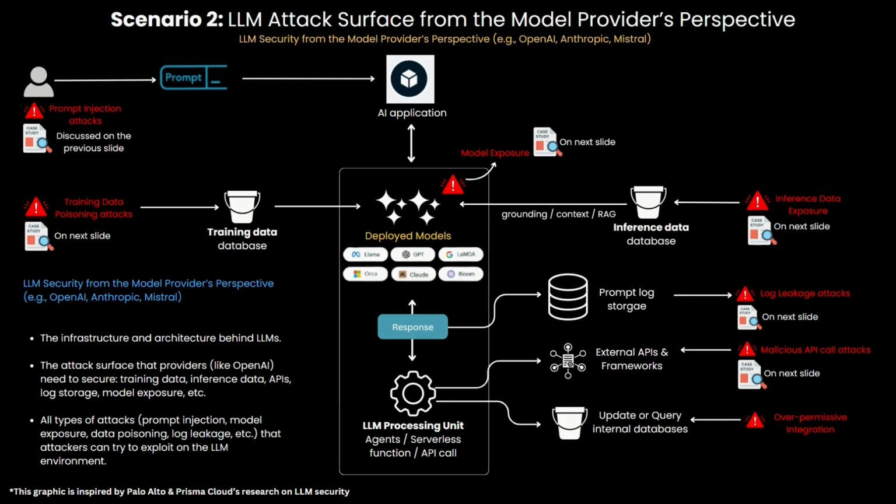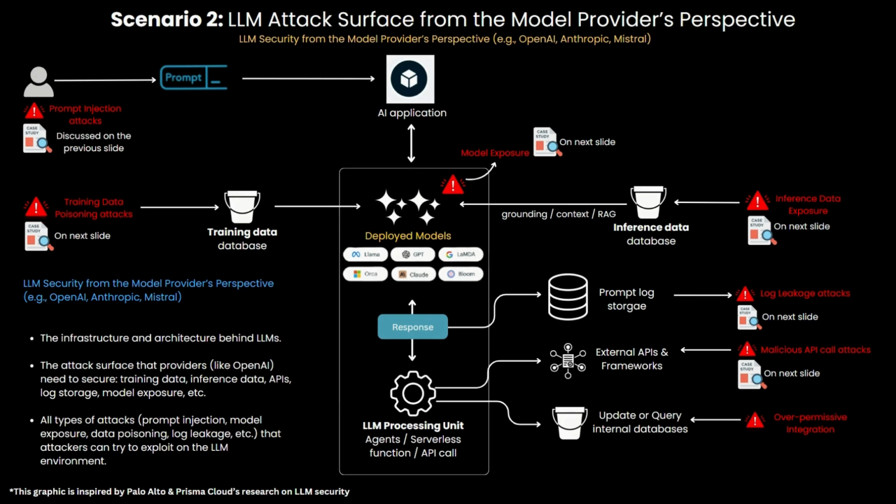So what you are seeing on the screen now is a high-level system architecture that maps all those same 5 layers, showing how they come together in a real deployment scenario, and more importantly, where the security risks emerge. So let's walk through it.